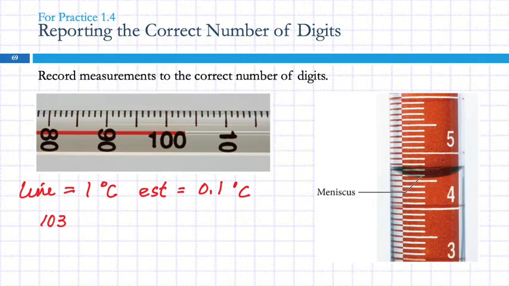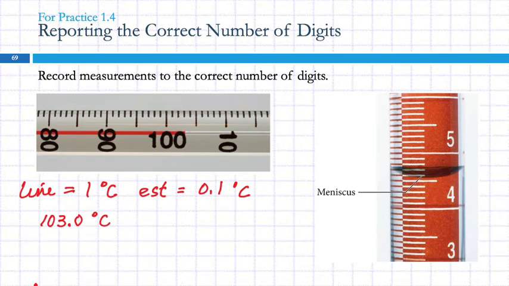It's the next decimal place where we're going to have differences of opinion. So you might say, well, it looks like it's right on 103. Well, we still need to write something in the tenths place. So we're going to write 103.0 degrees Celsius. Because then the person reading this says, oh, they were estimating over here.